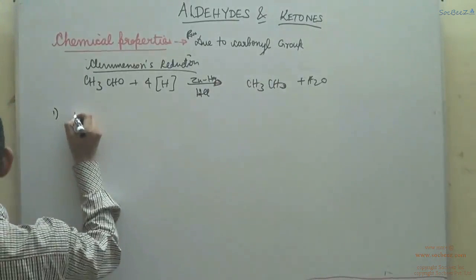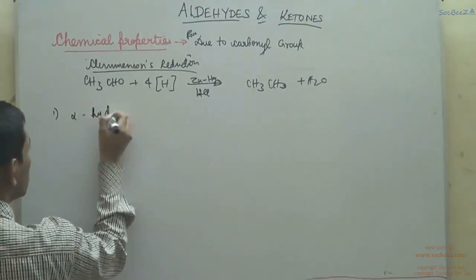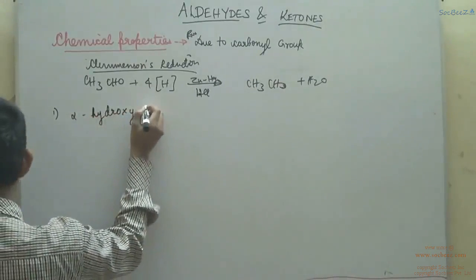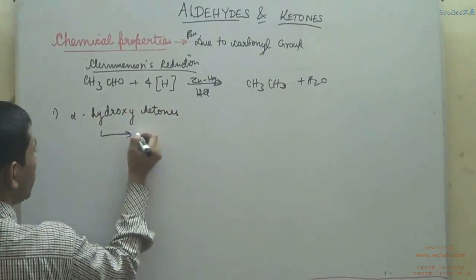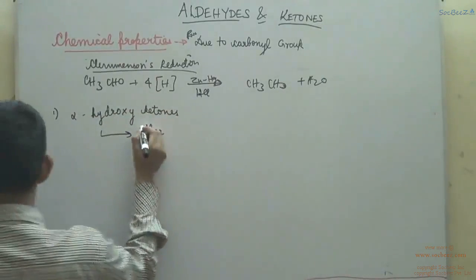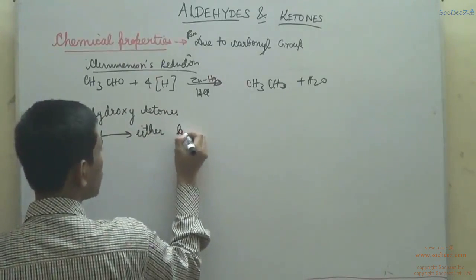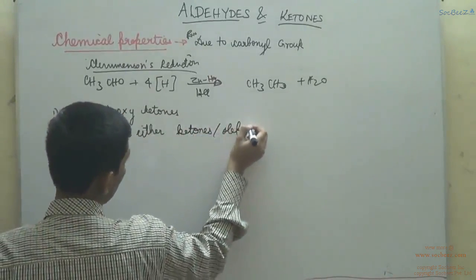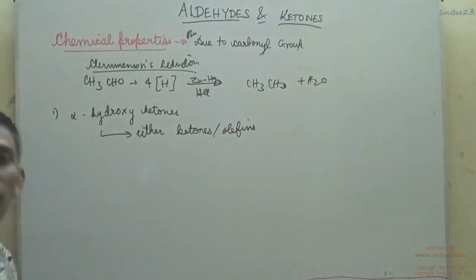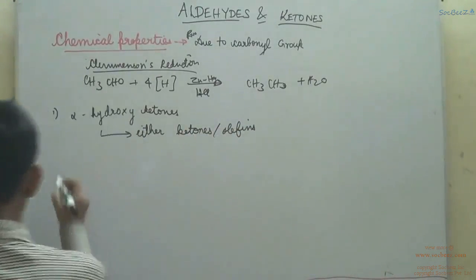Some points: alpha hydroxy ketones may give either ketones or olefins, one of them being the major and another the minor product.